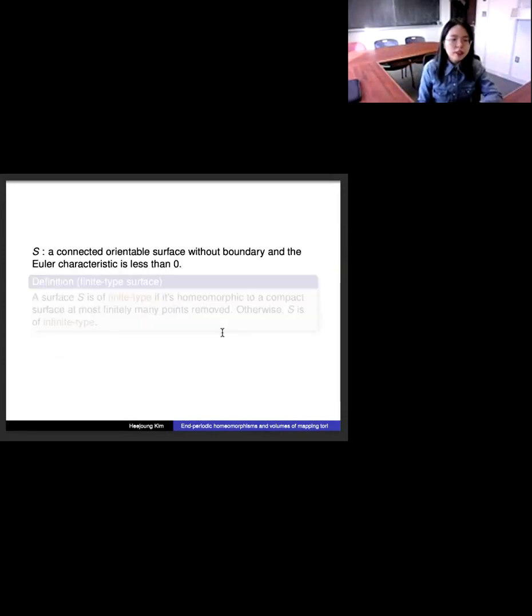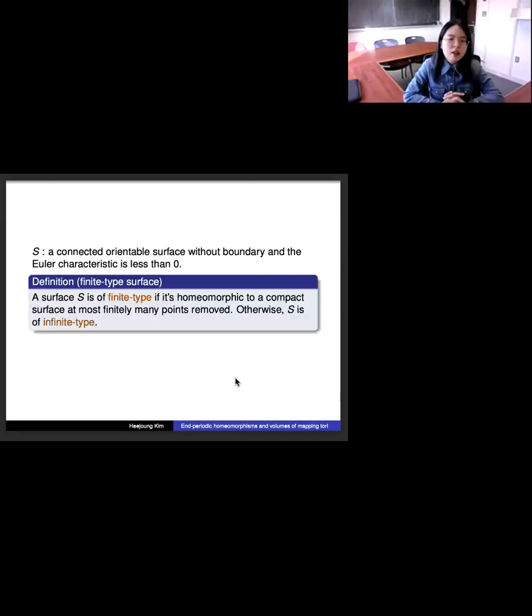So let's consider finite type surfaces first. In this talk, suppose a surface S is a connected orientable surface without boundary with negative Euler characteristic. Then a finite type surface means that the surface is homeomorphic to a compact surface with at most finitely many points removed.